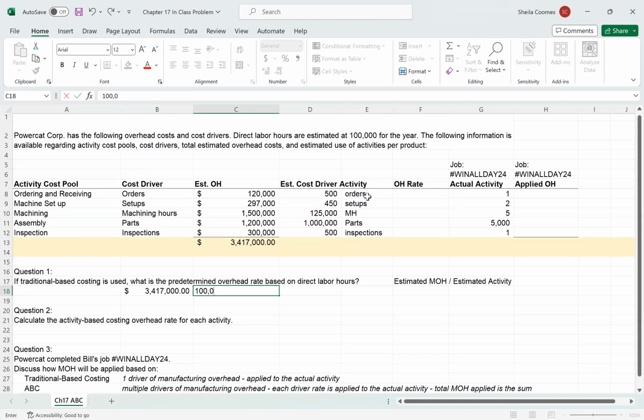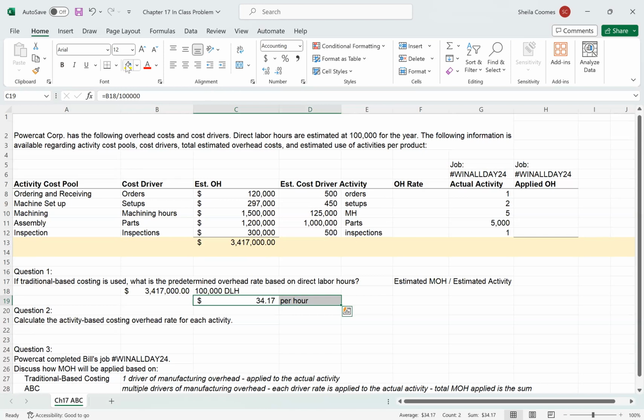So our rate is 3.417 million divided by 100,000 hours, which means that our rate is $34.17 per hour.